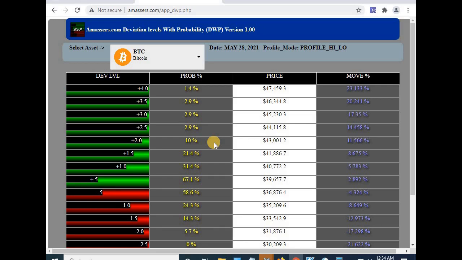But all of the other levels I'm talking about, psychological levels, round and whole numbers, value area high, value area low, pivot points, are derived from the data of the prior day.